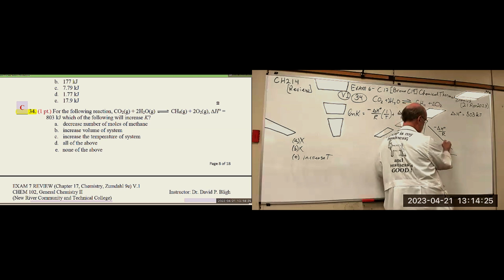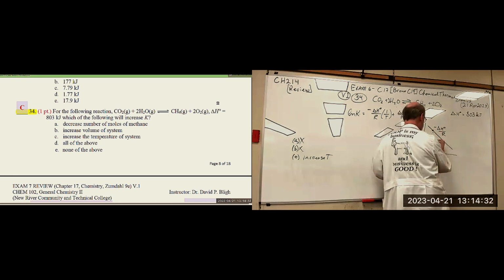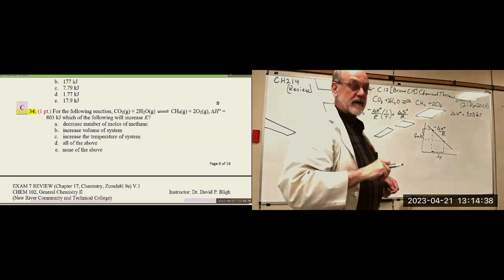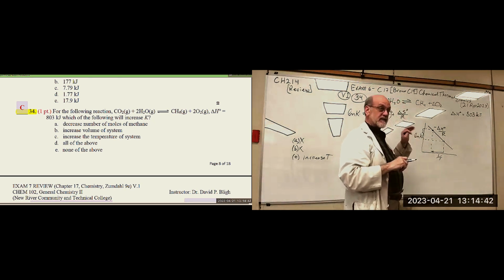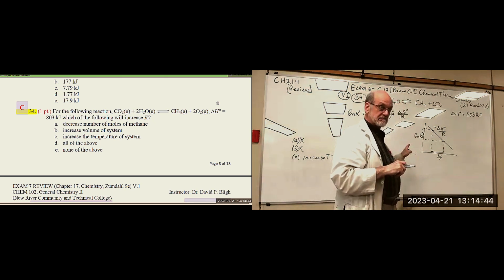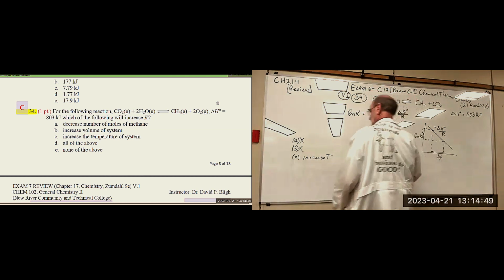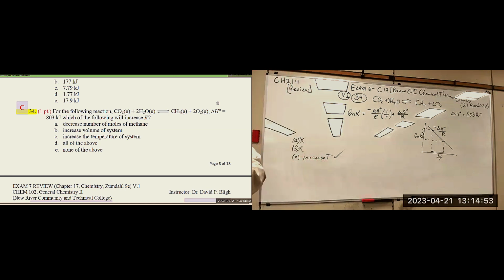If we were here and we increase the temperature, we might end up here. So that's a change from here to here of log K. If we increase log K, does that mean that K also increases? Yeah. So C is the correct answer.